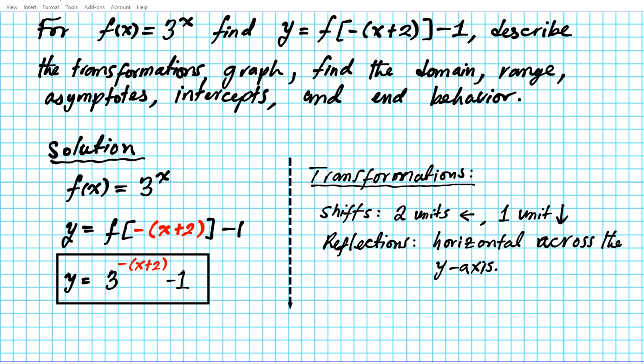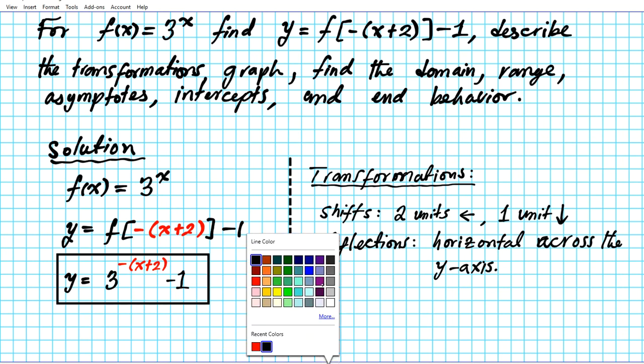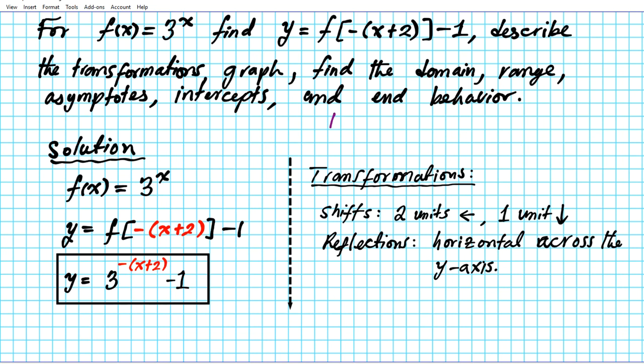Okay, so just as some slight details to keep in mind to help you understand what's going on. If you have something like f of x minus h, this is a shift h units to the right. If you have f of x plus k, this is a shift k units up.